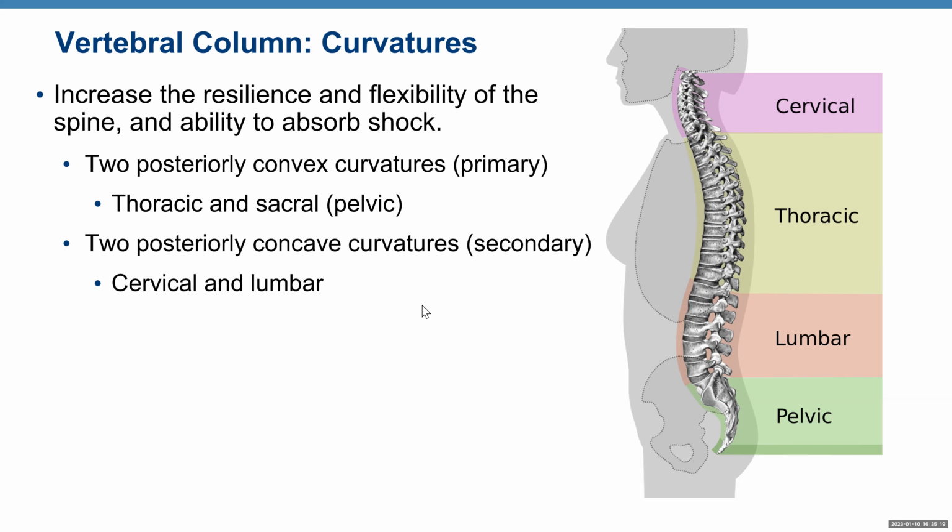Again, curvatures are important because they give you resilience, flexibility, and absorption of shock. If those curvatures are not normal, it will affect the posture, how a person walks, and can cause lots of pain.